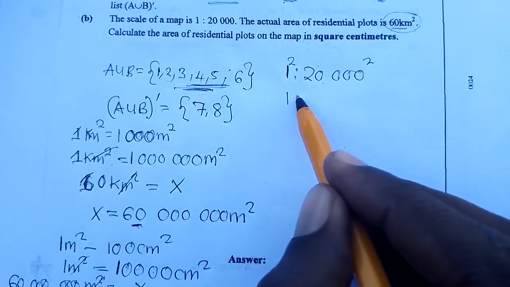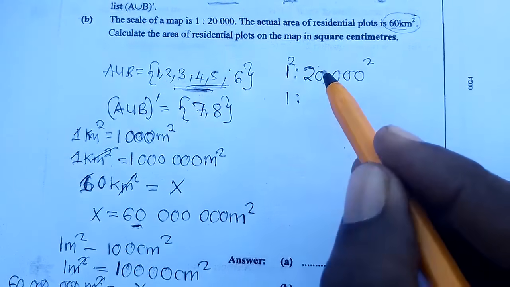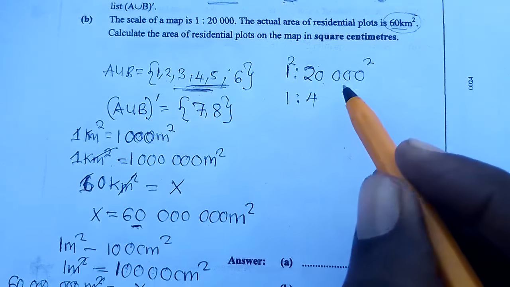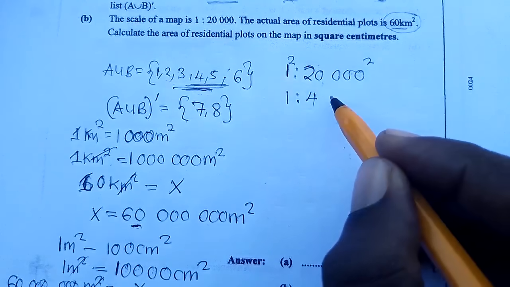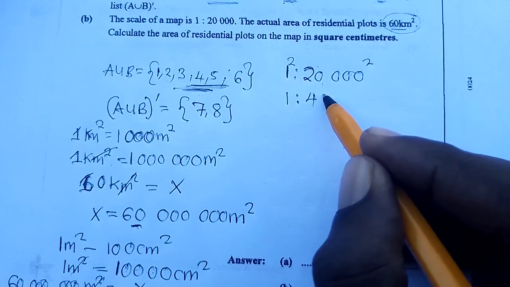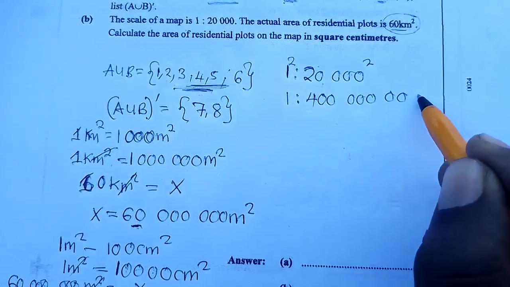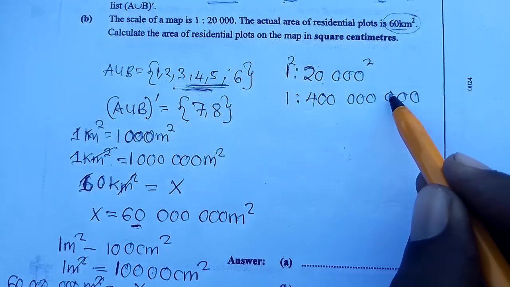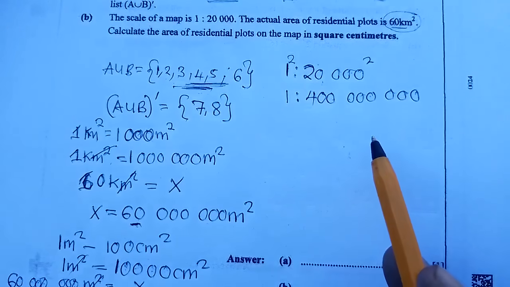The 2 will become a 4. Then the zeros will multiply, so 8 zeros. So the scale will now become like this.